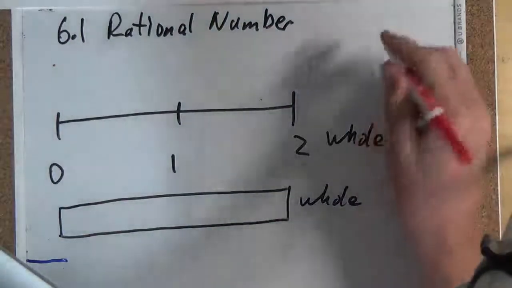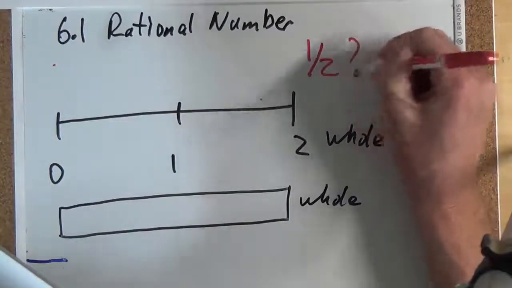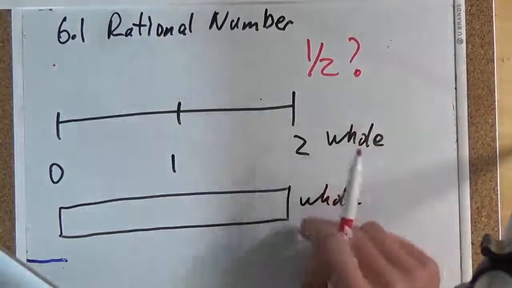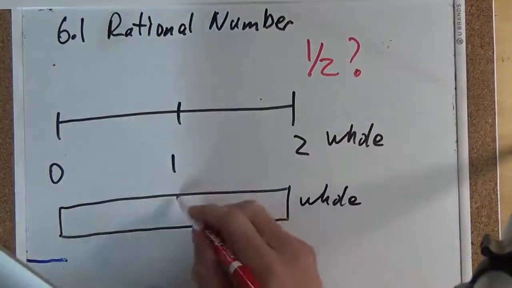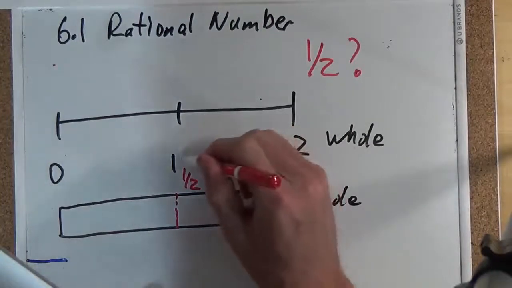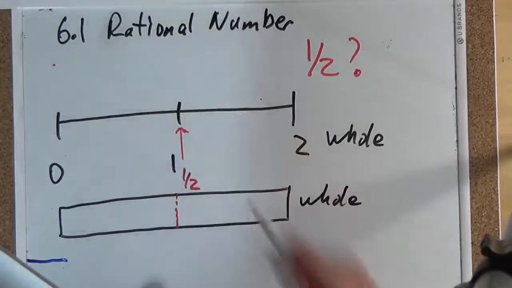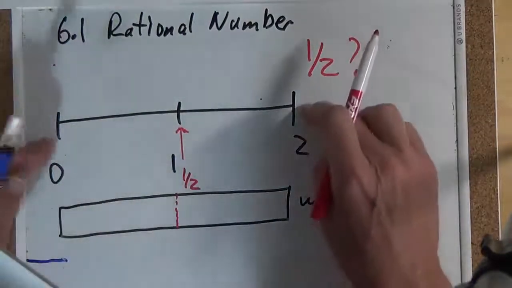So where is 1/2 now? Where's 1/2 of the whole? Well, if I think of it being a candy bar, I cut it in half. 1/2 is right here. Notice that now 1/2 on the number line is where 1 lies on the number line. That's because my whole is larger.